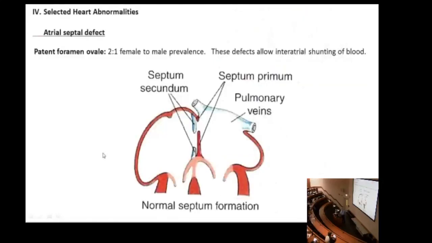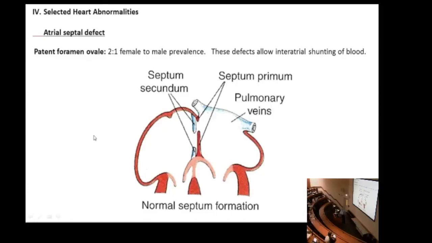So let's look at some selected heart abnormalities. The first of which would be what is commonly referred to as an ASD. And it happens more commonly in females than males, a 2-to-1 ratio. And it allows interatrial shunting of blood, which you don't want to have.